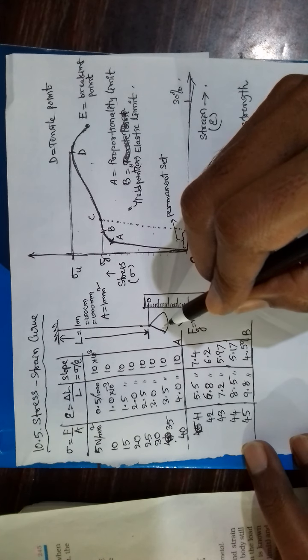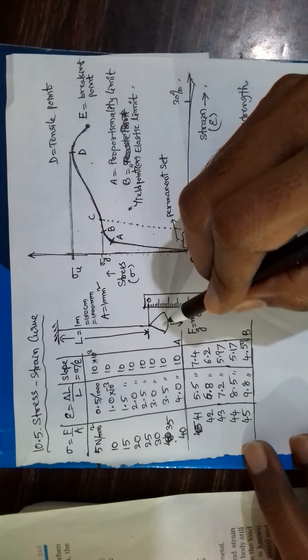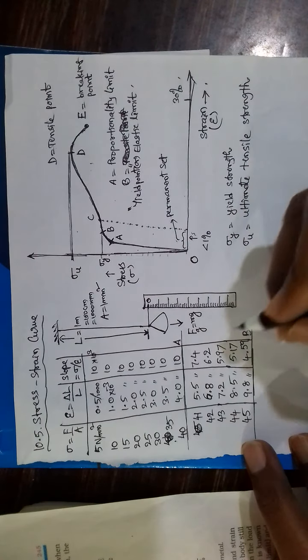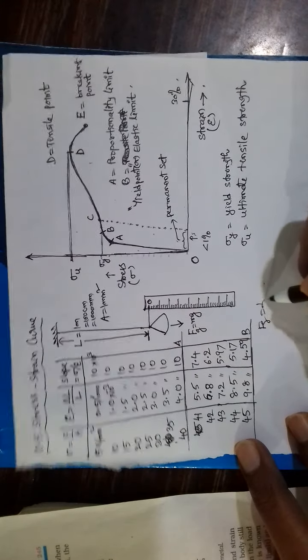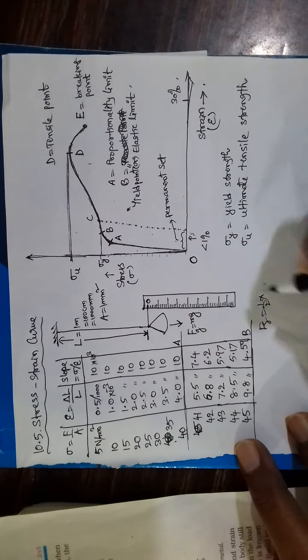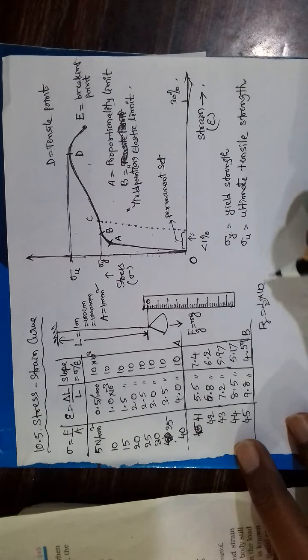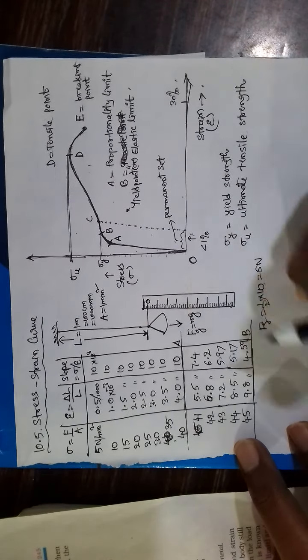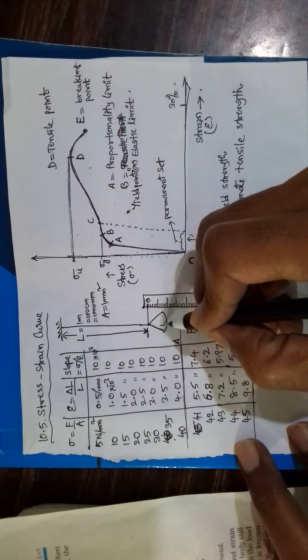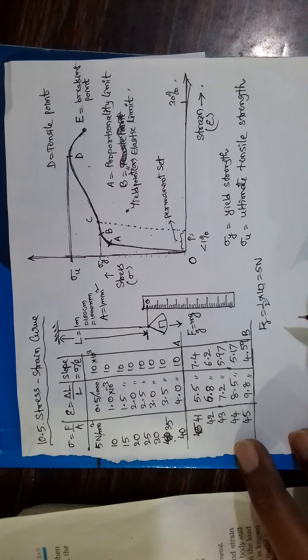So first let us put half kg in this. Here Fg is equal to mass, half kg, and g value let us take as 10, that is equal to 5 newtons. So initially you are applying a force of 5 newtons.